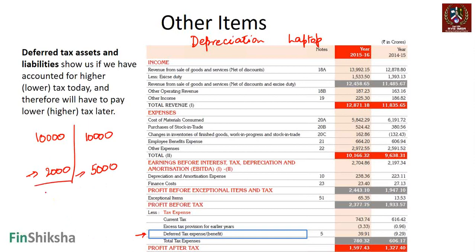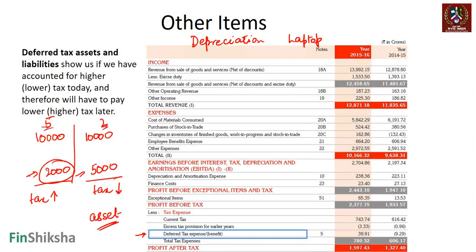If I use a lower depreciation, my profit before tax will be higher and logically the tax I pay will be higher. The income tax department is actually saying you don't need to pay so much tax. Because I have paid more tax today, that will create an asset for me. So it'll even out over the period, because next year I will get the tax benefit over 5 years, whereas in this case I'll get the tax benefit over 2 years.